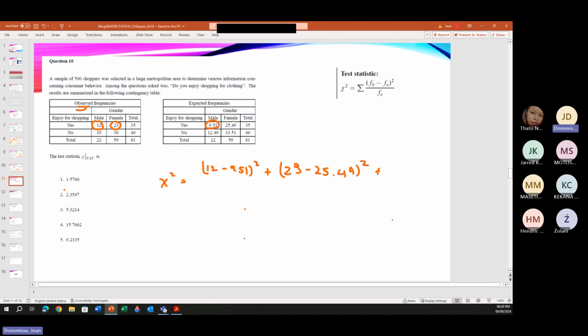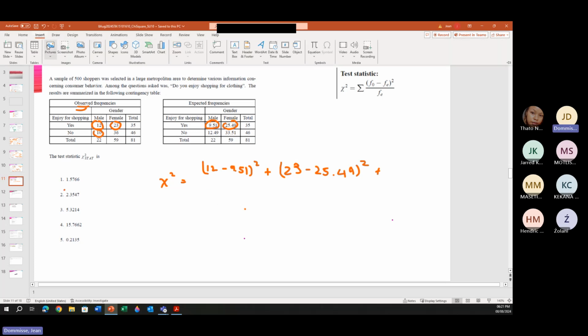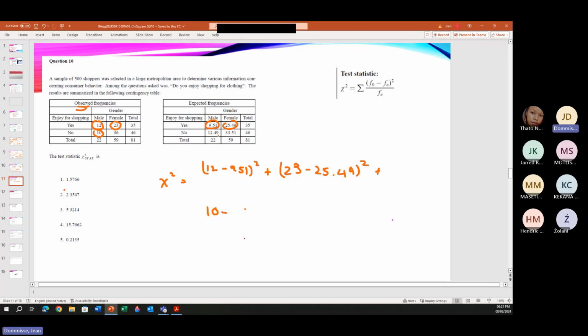Plus, so that was that one, then 10 minus 12.49 to the power of 2, plus 36 minus 33.51 to the power of 2.